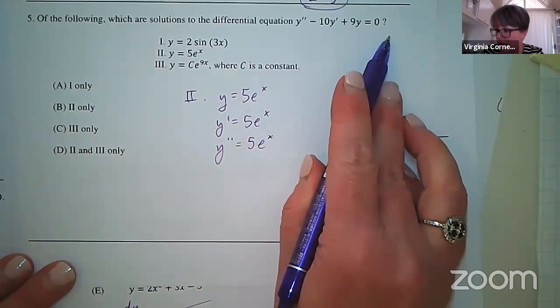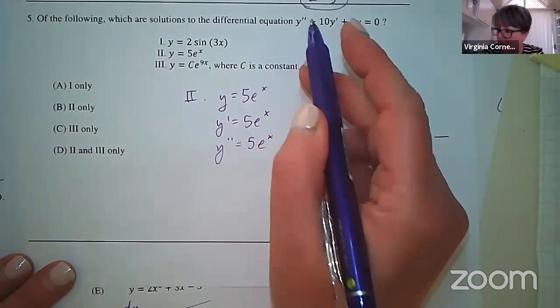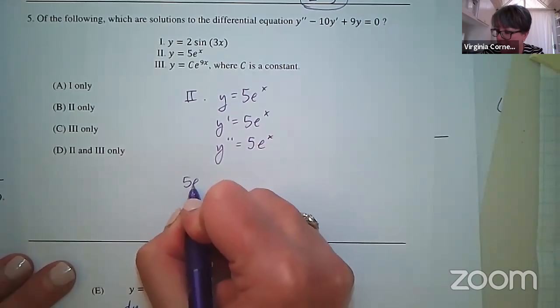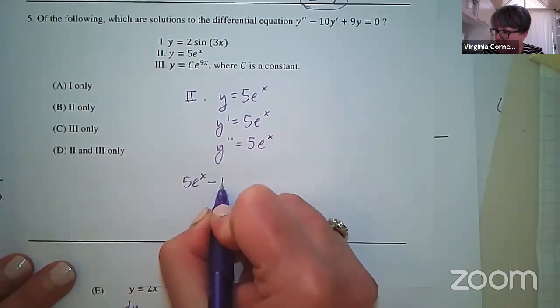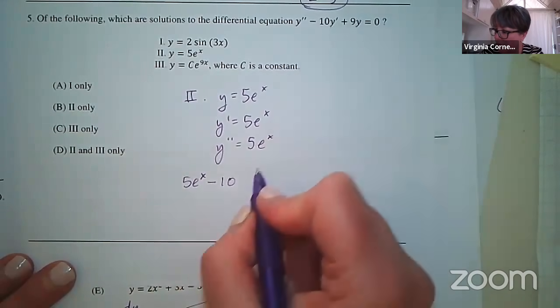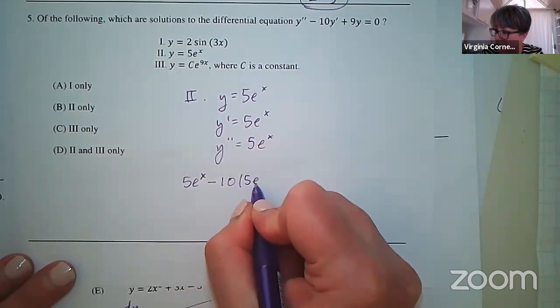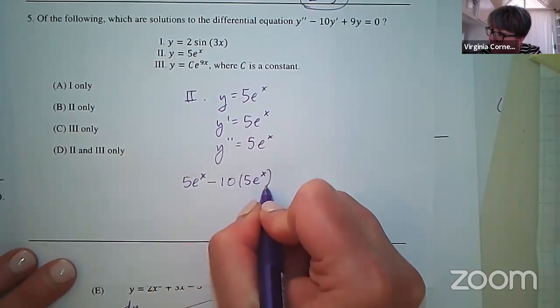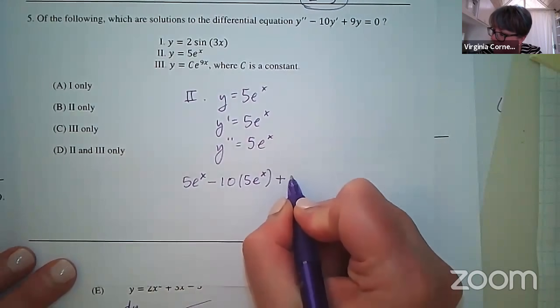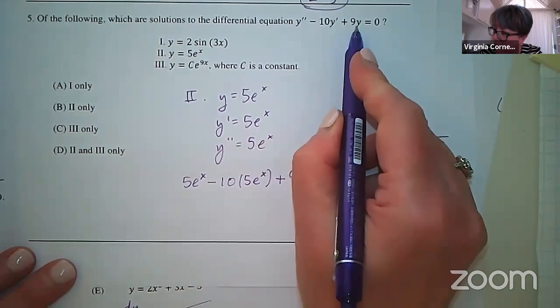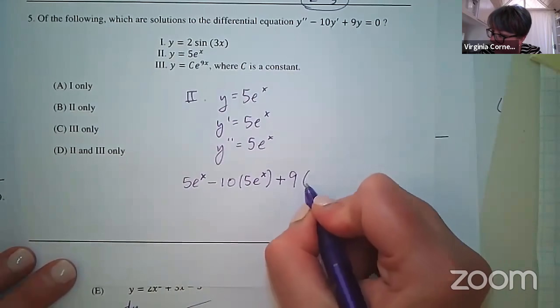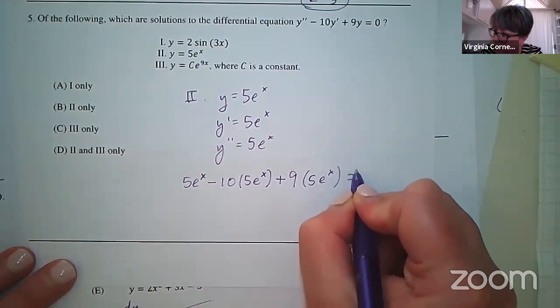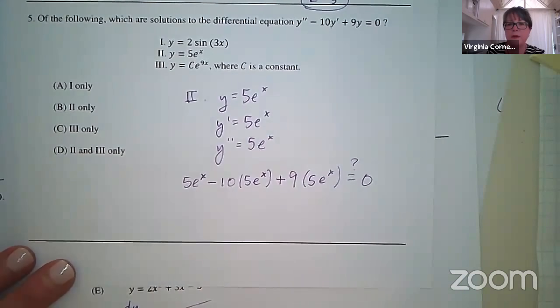If I'm checking it, I have y double prime, which is 5e to the x, minus 10 times my y prime, which is 5e to the x, and then plus my 9y, which is 5e to the x. We're checking to see, does this equal 0?